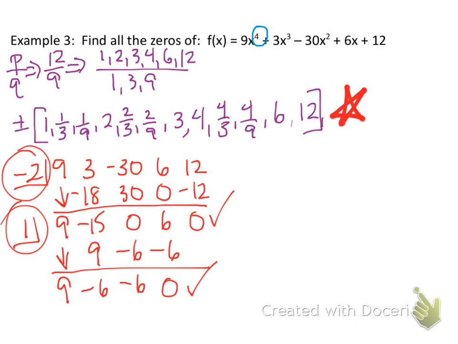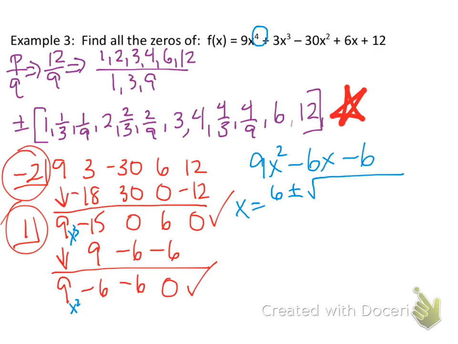And now I have a quadratic, because I started with an x to the 4th, which means my first depressed polynomial would be an x to the 3rd, and now this would be an x to the 2nd. So I have 9x squared minus 6x minus 6. If I were to try to factor this, I realize it doesn't factor, so now I can use the quadratic formula: opposite b, plus or minus the square root of b squared minus 4ac, where 4ac is -54, all over 2a.